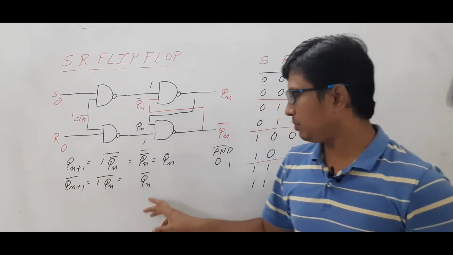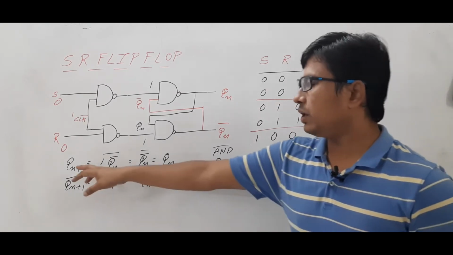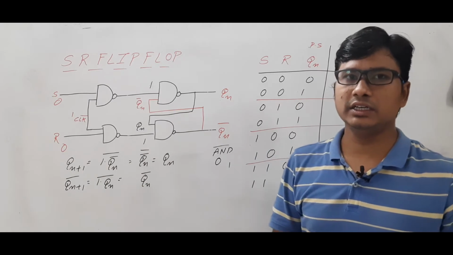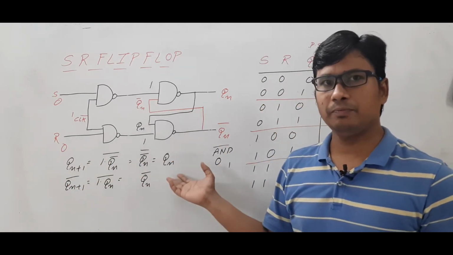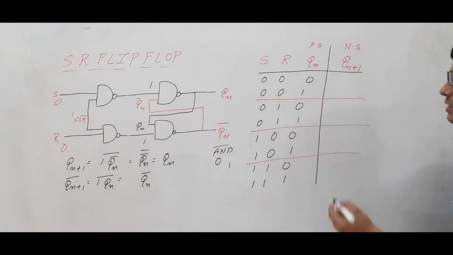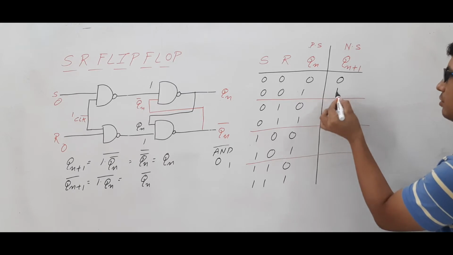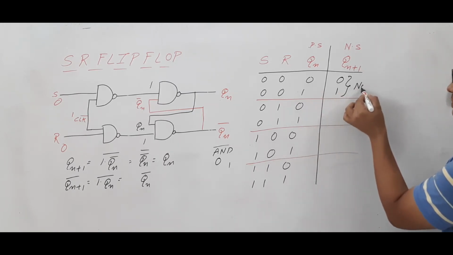Qn plus 1 complement is producing its complement, Qn complement. So what I can say, the next state is equal to the present state. Qn plus 1 is equal to the present state. So whatever the present state is, the next state also will have the same output, where there is no change.